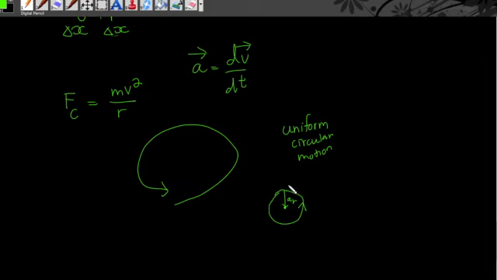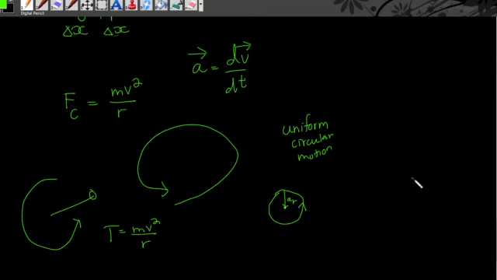So centripetal force is just a force that is exerted on you when you're changing direction, or that you must exert to change direction, I should say. And it isn't really a specific force. For instance, if you have something attached to a string and you're making it go in circles, then in that case the tension would be the centripetal force.